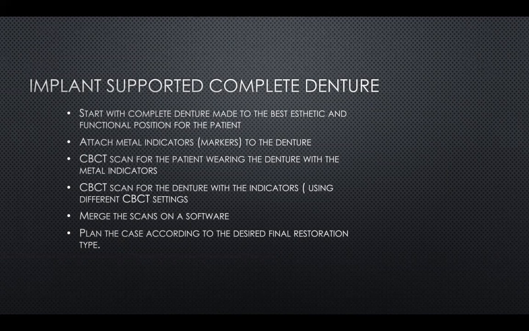If your patient presents to you with a good denture, he likes the denture, the bite is good, it is not collapsed, the vertical dimension is good, aesthetics is good, and the stability of the denture is good, then you can use that denture. If not, then you have to start from the beginning and fabricate a nice denture for your patient.